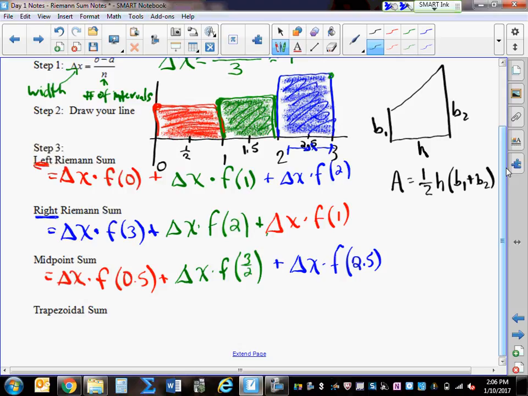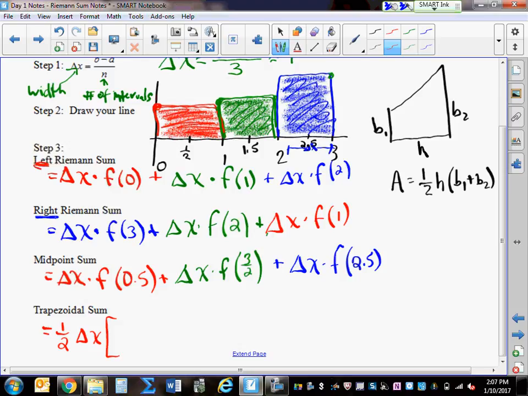Okay. So this ends up being a lot longer of a form. It's still not bad, it's just a lot to keep track of. So if I were to do a trapezoid with this red piece here, this is going to be 1/2 times my height, which is delta x, times base 1 plus base 2.